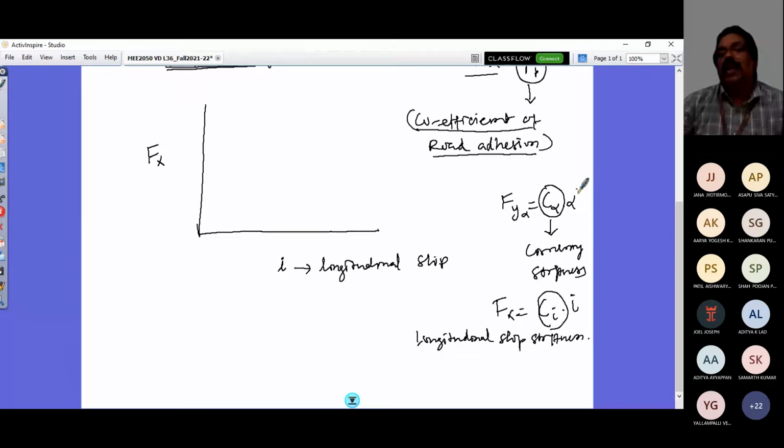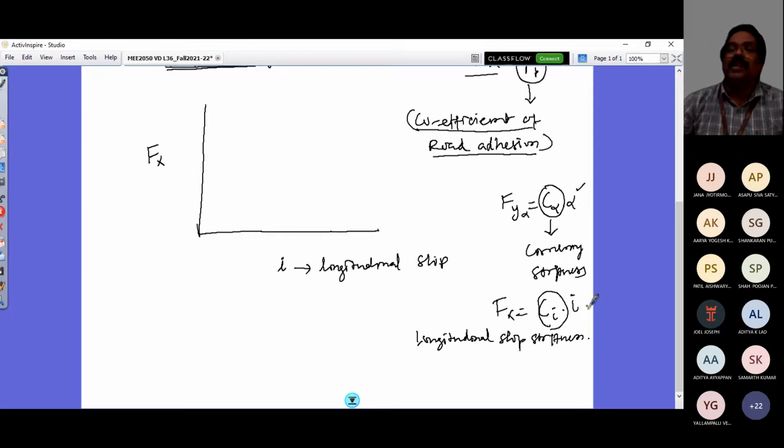If I ask you how do you define alpha, you know that it is the angle between the wheel travel direction and the wheel plane. When I view from the top view, you would say that is the slip angle. Similarly, you can define this longitudinal slip as the ratio of the longitudinal speed difference divided by that of the tire when it is rolling in the free condition.